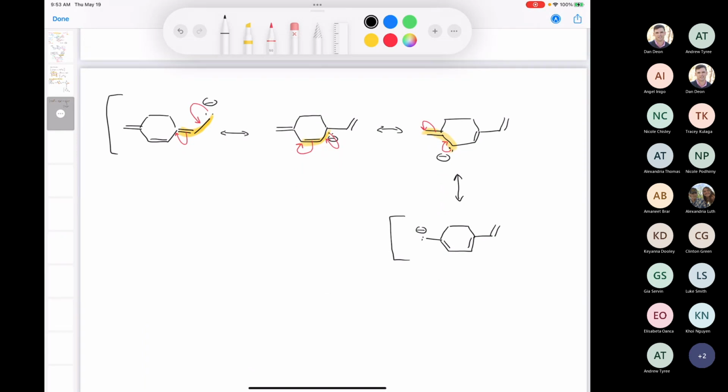Okay, cool. Great. If you're wondering, and again, I would never ask you to draw this on a quiz, but if you're wondering, what would the resonance hybrid look like here? Well, if you draw the carbon skeleton, meaning all the different carbons, it would look something like this.